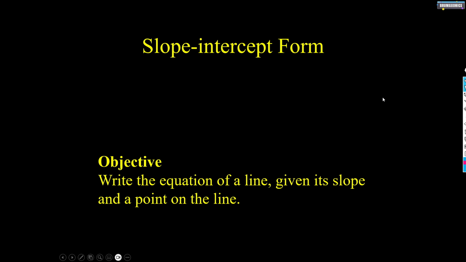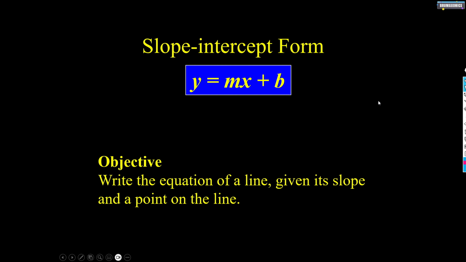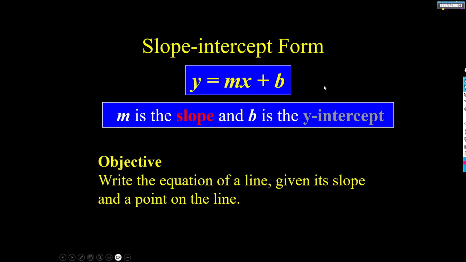So now the objective will be to write the equation of a line given its slope and also a point on the line, right? And this is what we used, y equals mx plus b, or maybe you can say c, as we've done before. So this means that m is the slope or the gradient, and b is the y-intercept.